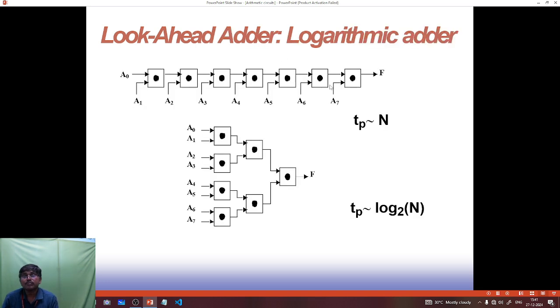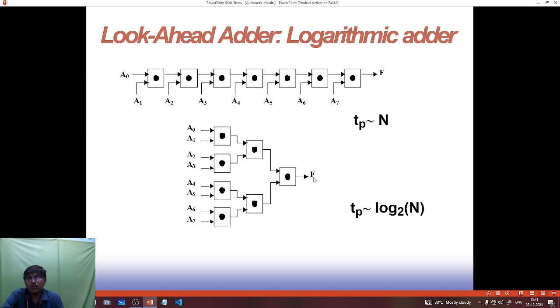So next, the look-ahead adder, logarithmic adder. Here there is a logarithmic structure: adder A0, A1, and this will be connected to the next adder. Like that, there is a system with 4-bit adders, and it will be minimized to another 2 sets, and then minimized again, and finally we get the final value.